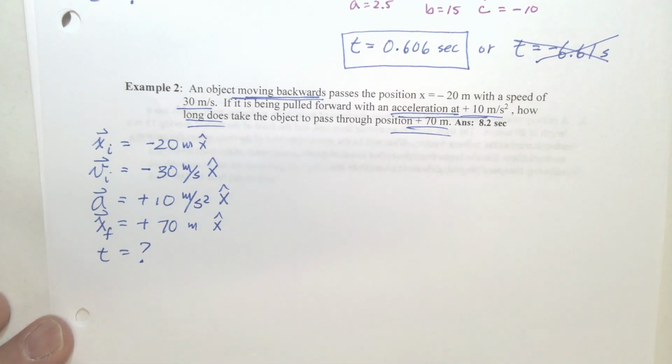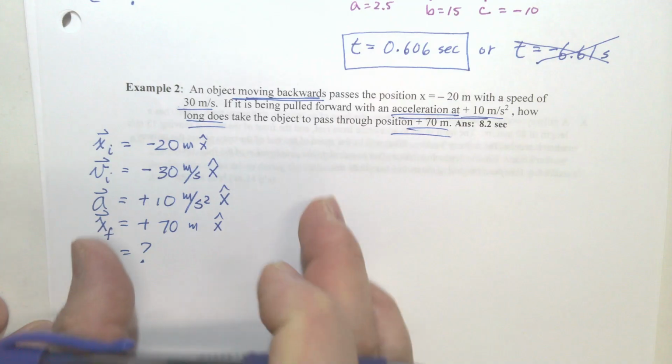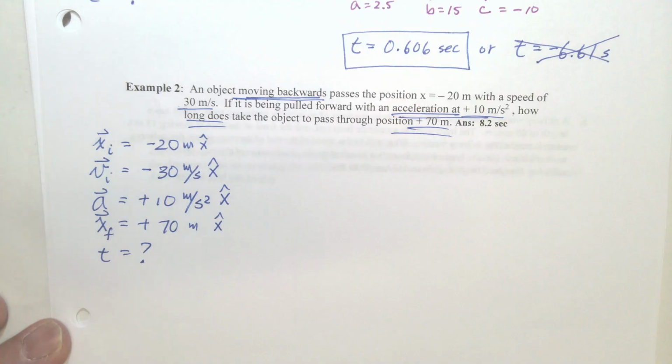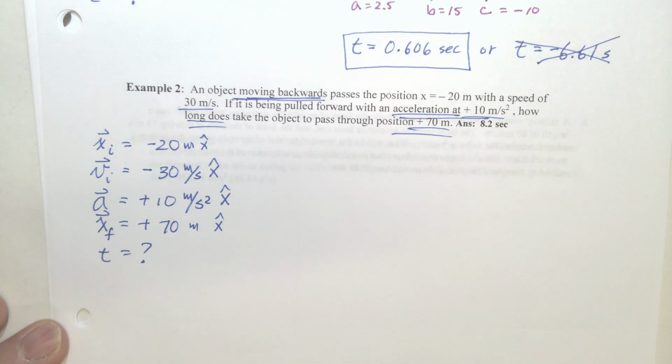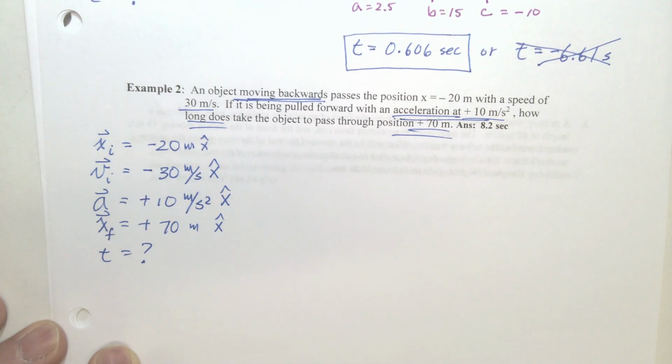Half the battle is recognizing what's given to you and writing down all the variables that you know. If you could just do this, I'll give you half the credit of whatever the problem is. So make sure you do this all the time.